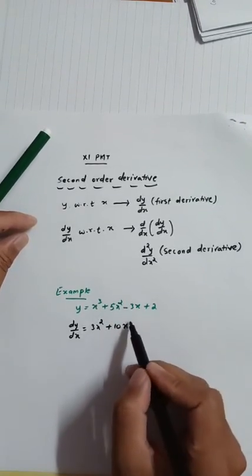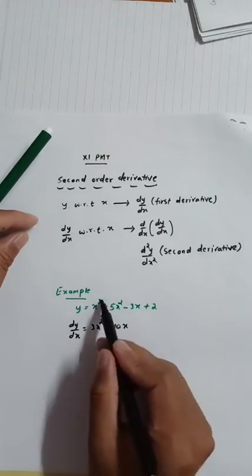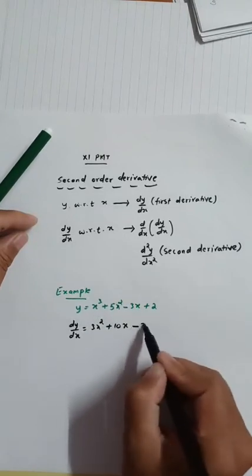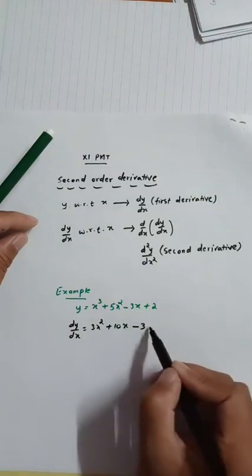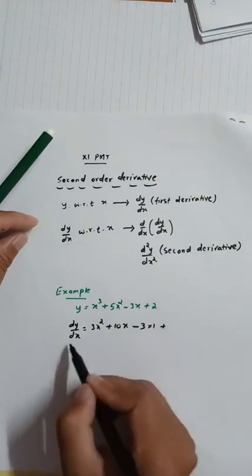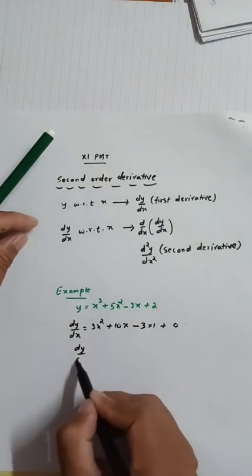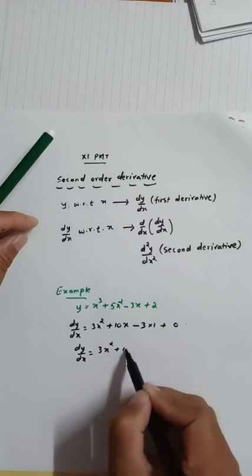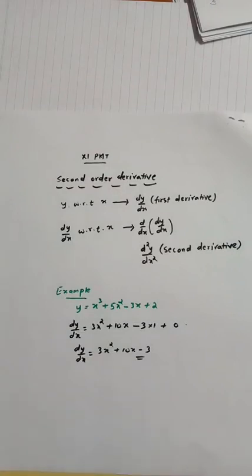Then minus 3: d by dx of x is 1, so it is minus 3 times 1. And d by dx of a constant is 0. So the first derivative, dy over dx, is equal to 3x square plus 10x minus 3.